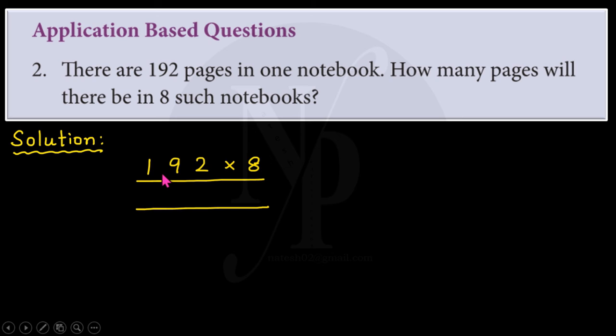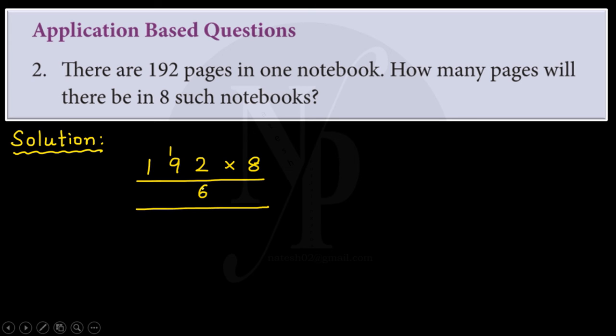So we have to multiply 192 by 8. Let's multiply now. 8 twos are 16. 16 ones are regrouped as 1 ten and 6 ones. So 1 ten is carried forward to tens place and 6 ones are written here in ones place.